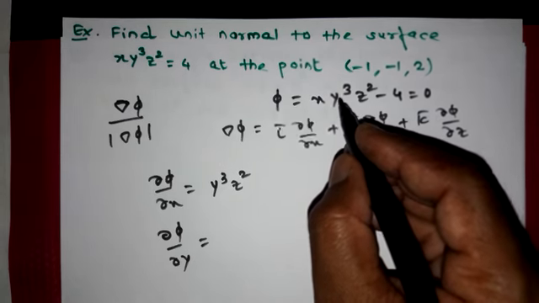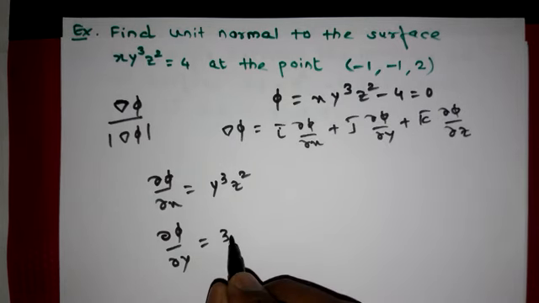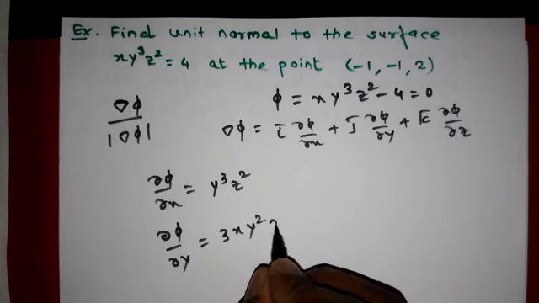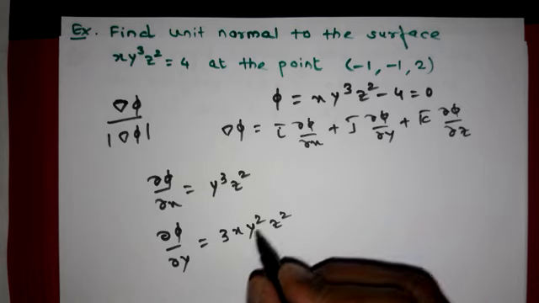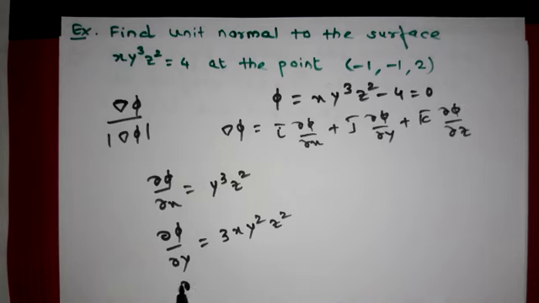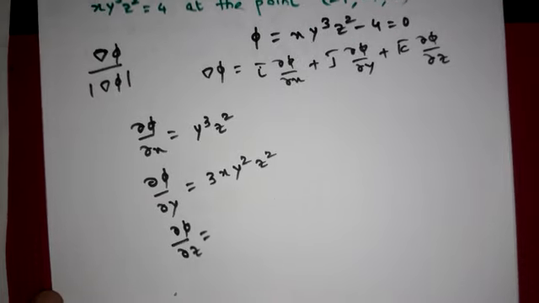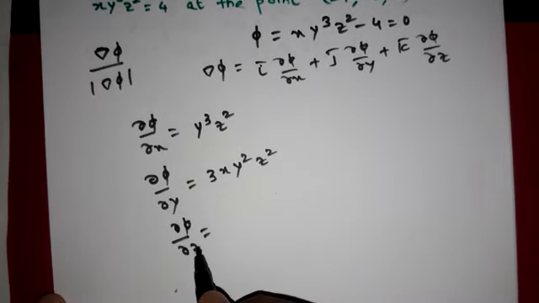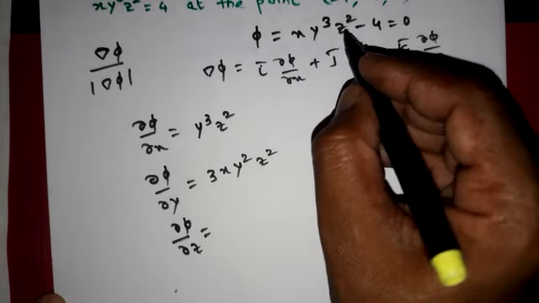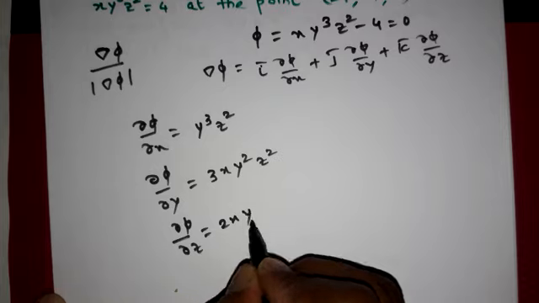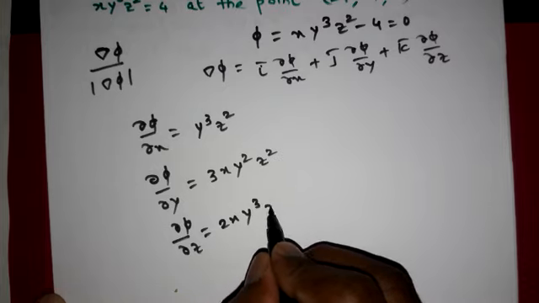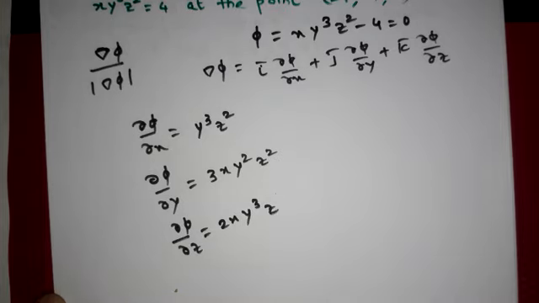Derivative of y cube is 3y square. So 3x as it is, y square z square. Next one is the third one, dou phi by dou z, derivative with respect to z. z square is there, its derivative is 2z. So 2x y cube z, and derivative of 4 is 0.